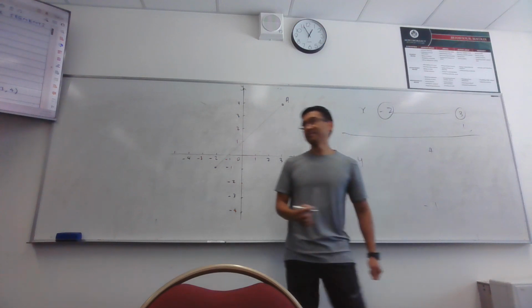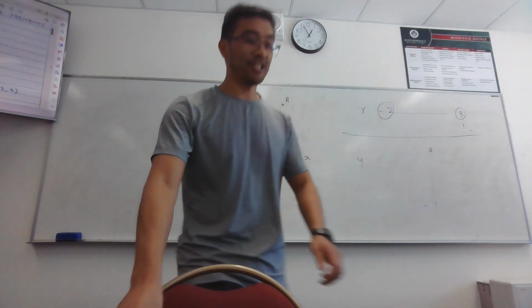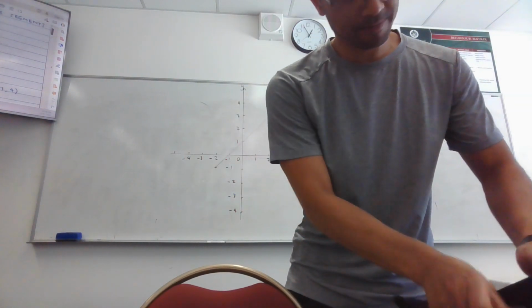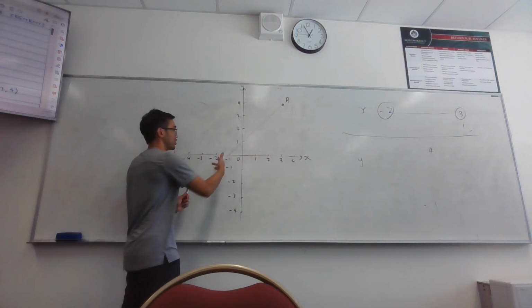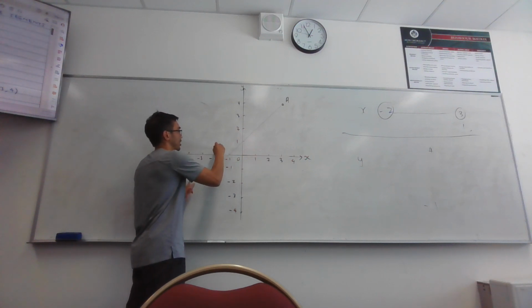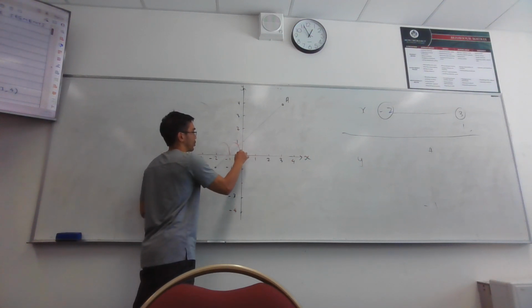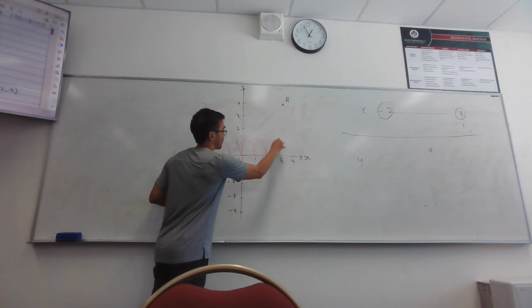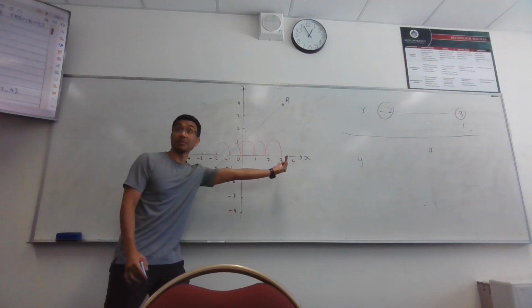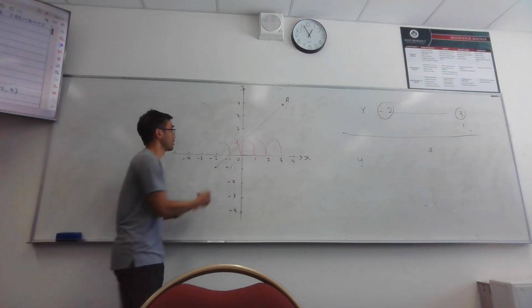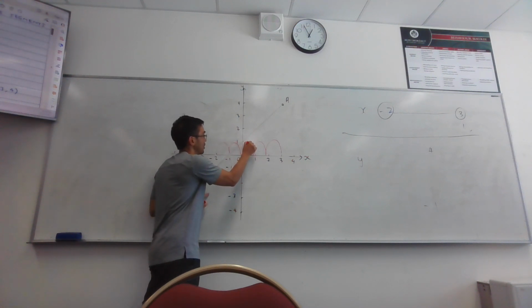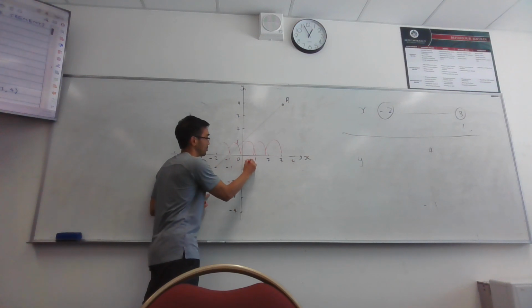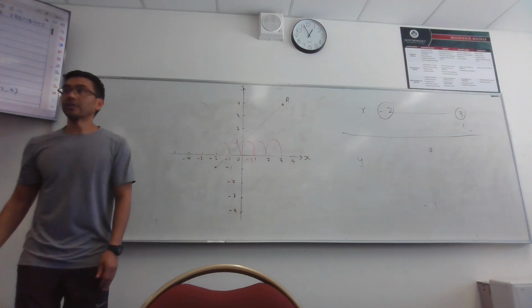What else? 0.5. Zaid, I think you're right. Look carefully, just for the x's. Going from -2, 2, 3, 4, 5. There's 5 steps, but half of 5 steps is 2.5 steps. So 0.5. That is correct.